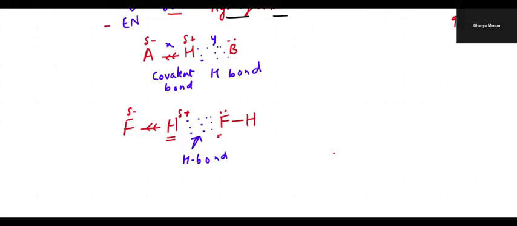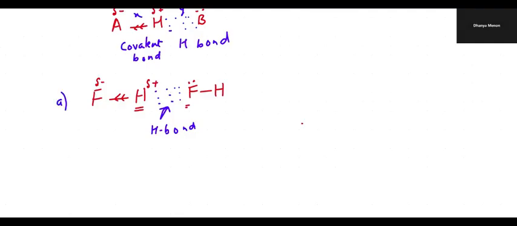Now, similarly, so this is for A. Similarly, I have atom B, suppose, which is water. Hydrogen is covalently bonded to oxygen. This oxygen has a lone pair of electrons. Okay. I have another hydrogen over here.